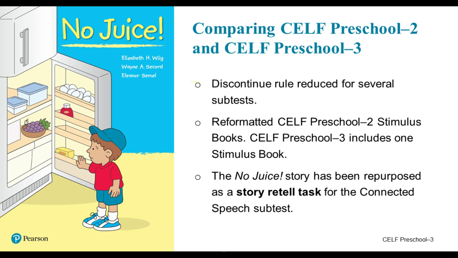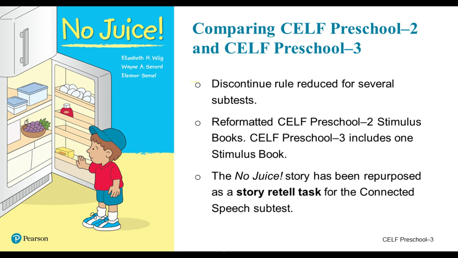Compared to the CELF Preschool-2, the CELF Preschool-3 discontinue rules have been reduced or retained to minimize formal testing time. The CELF Preschool-2 stimulus books were reformatted. The CELF Preschool-3 includes 1 stimulus book that contains verbal and visual stimuli and administration directions for each subtest, except for the checklists, which are the Pragmatic Activities Checklist, the Descriptive Pragmatics Profile, and the Preliteracy Rating Scale subtest.